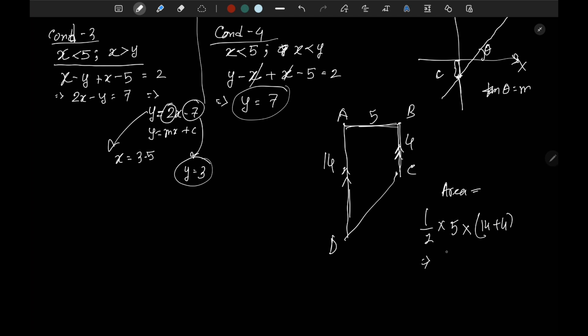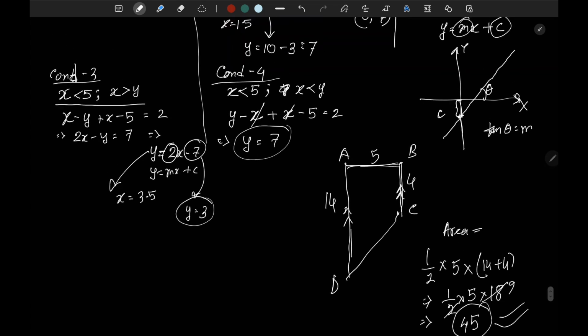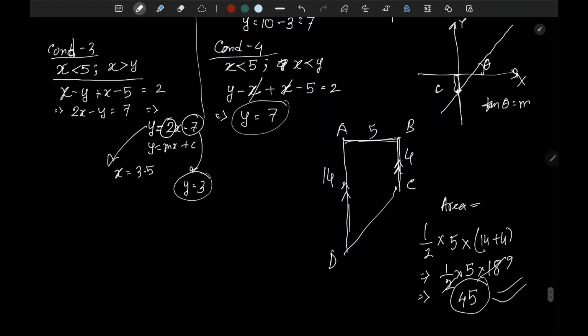So we will have half into 5 into 18. This will give you 9, and this is 45, and 45 is your answer to the question. This is the required area that the question asked us to find.